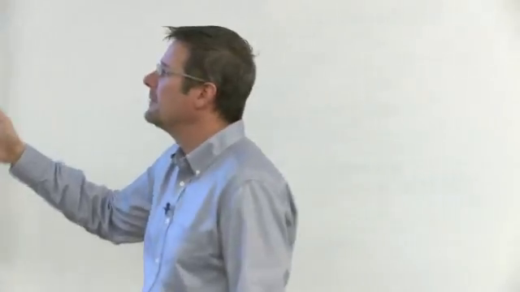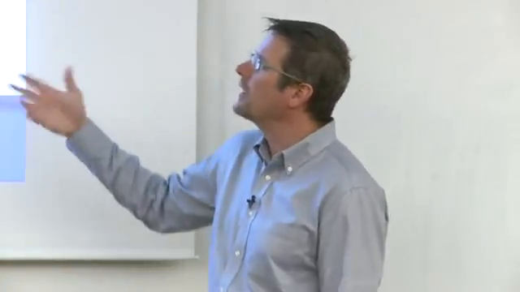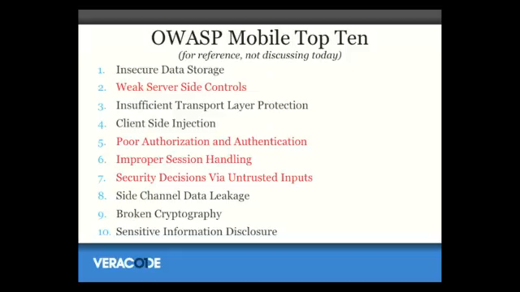So I'm going to go through these in detail and give some examples. For reference, I wanted to put up the OWASP Mobile Top 10 list. So this is the 10 issues that a group at OWASP, the Open Web Application Security Project, has, they have a working group working on a mobile top 10 list. They have a very famous web top 10 list, which is the top 10 riskiest things you can have in a web application. They're doing the same thing for mobile. And their list is a little different than ours. 6 out of the 10 are the same. They have 4 that are different.